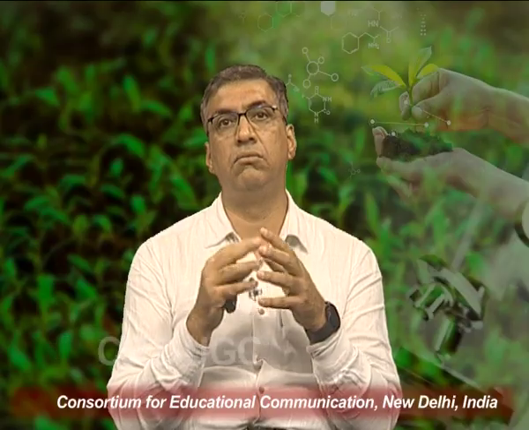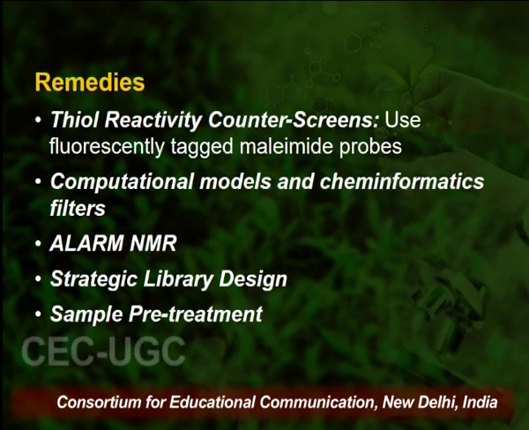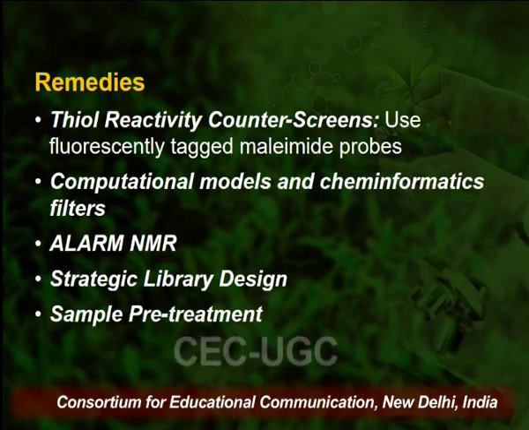Immediately, if that compound or any compound present in the extract or library has a propensity to react with the thiol group, the screen will show you that these are the possible compounds which may interact with the thiols present in the biological system, and accordingly you can separate those disturbing compounds. Then we can design certain strategic libraries of the compounds which have high propensity of reaction with those thiols.